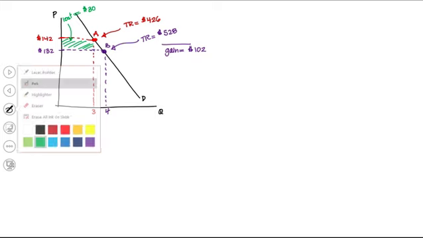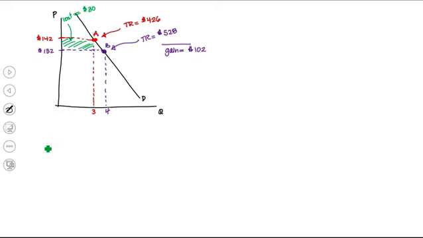But I'm gaining, we'll keep it in green, I'm gaining this box right here. So this is going to be a gain. Can you tell me the area of that box right there in green? Height of 132 and a length of what? 1, right?